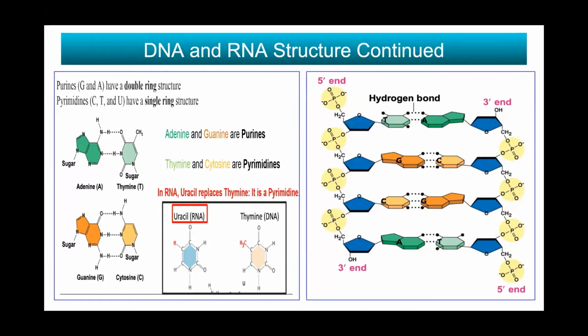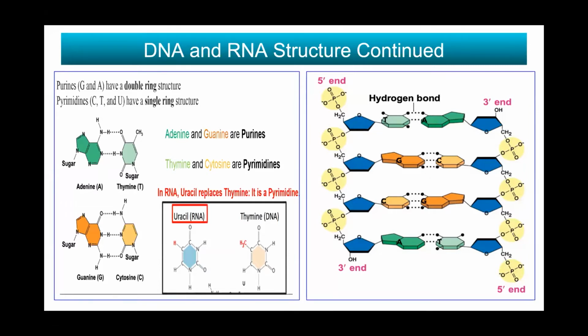You don't really have to know exactly what that means, just know that there are two categories. And in RNA, we have to know that uracil replaces thymine. So in RNA, instead of T bonding to A, you have U bonding to A.